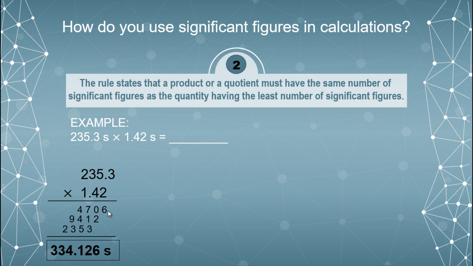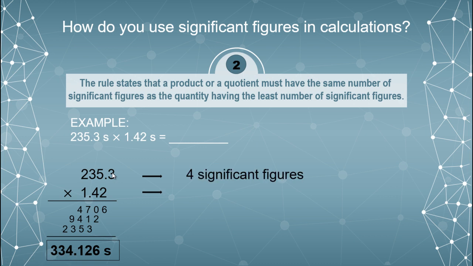For our final answer, in addition and subtraction, we base it on the least accurate, or the number of decimal places. In multiplication, we will base it on the number of significant figures, specifically the least number of significant figures. Our first factor has 1, 2, 3, 4 significant figures.